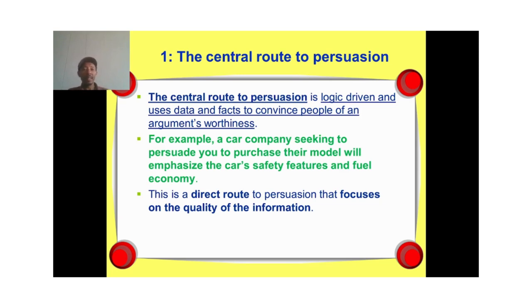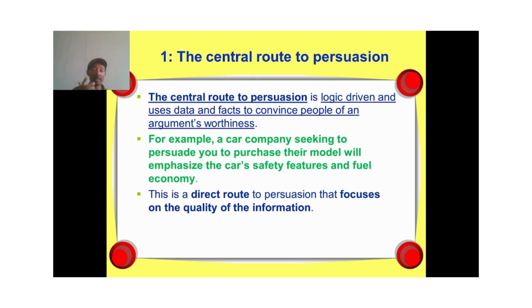So remember that we have said that according to the Yale attitude change approach, higher intelligent people are less likely to be persuaded. But in the case of, if you use this central road to persuasion, you are more likely to persuade higher intelligent people.